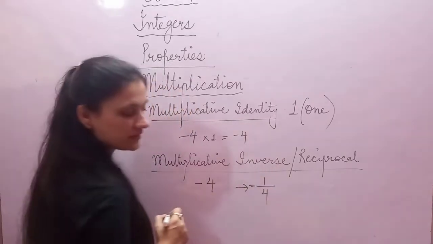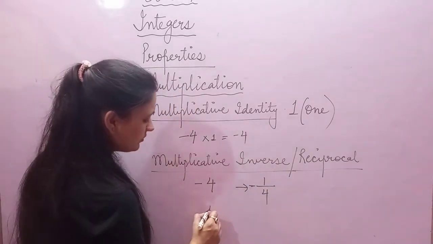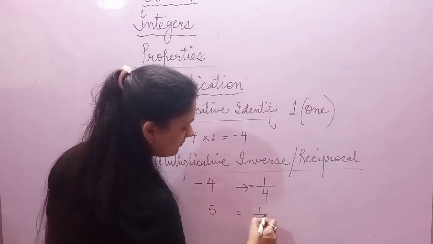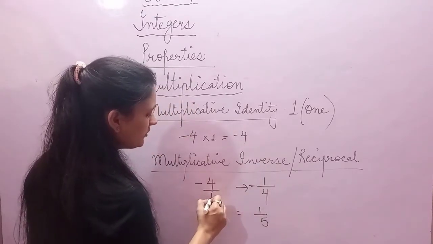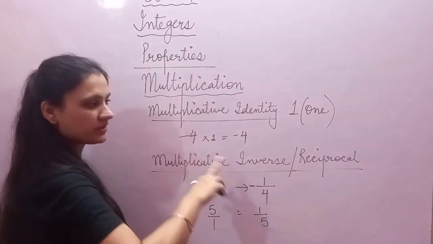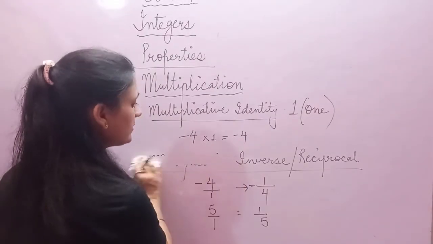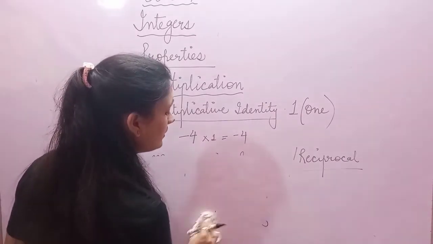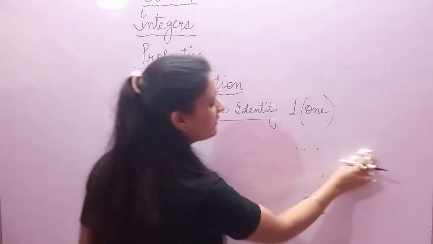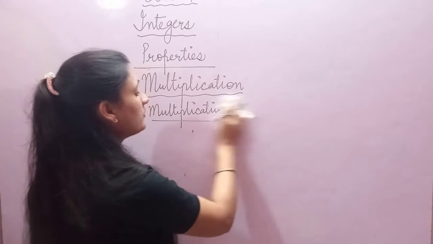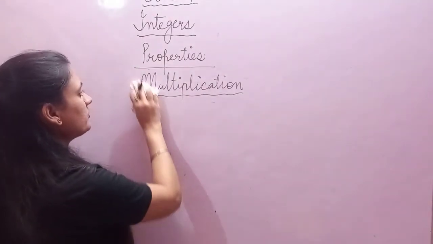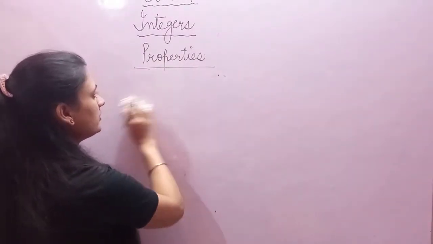That is minus here. Understood? Suppose 5 is given, here 1/5. Nothing in the denominator means 1. So we have done just the reciprocal. So do remember like this: in additive inverse we change the sign and in multiplicative inverse we change the position. Numerator becomes denominator and denominator becomes numerator.